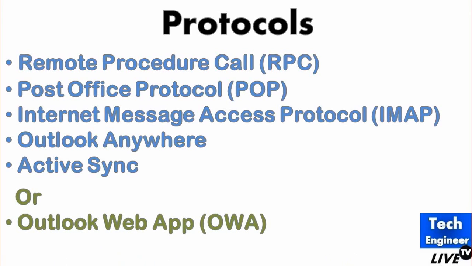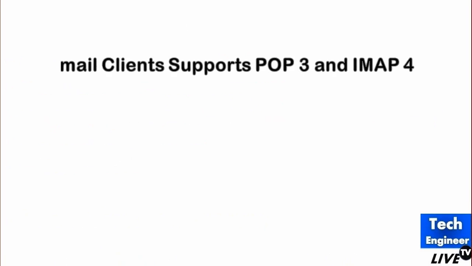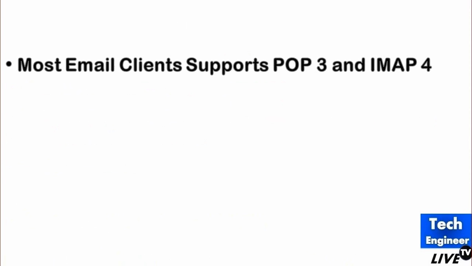POP and IMAP are quite famous. Remote procedure call is the default one for Microsoft Outlook. We're going to learn about each and everything on that. For example, if you want to access your Gmail account offline, most email clients support POP3 and IMAP.